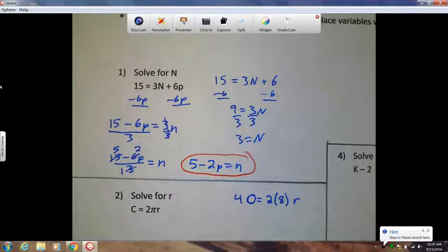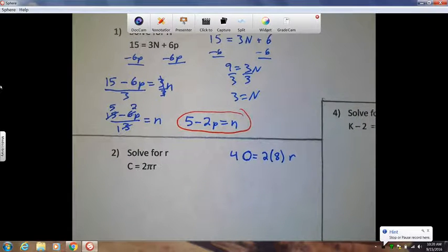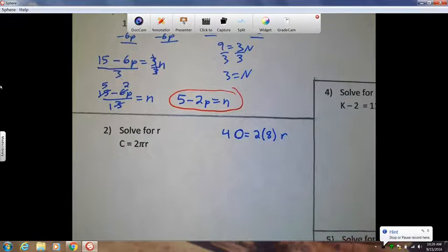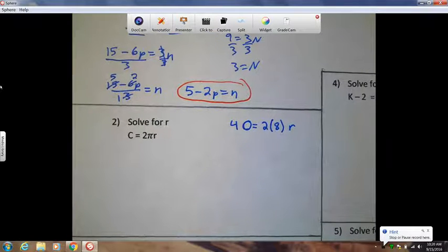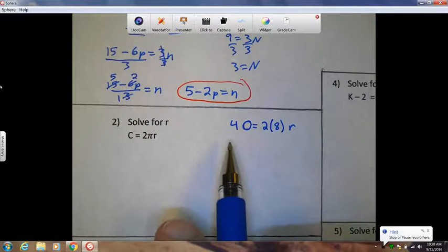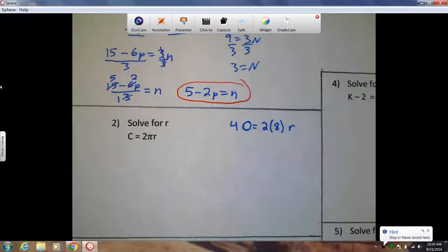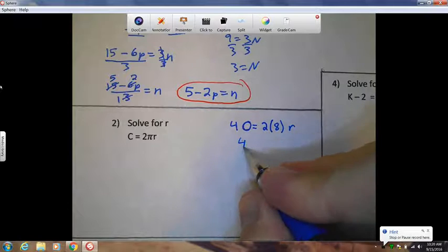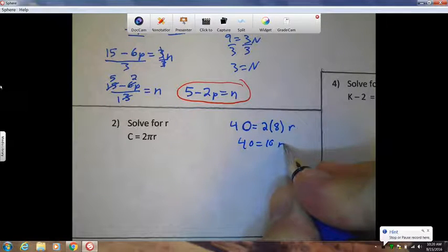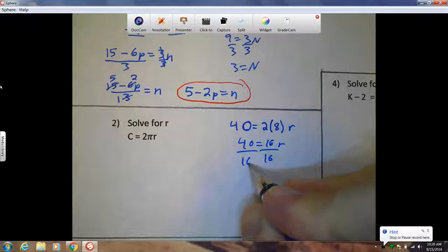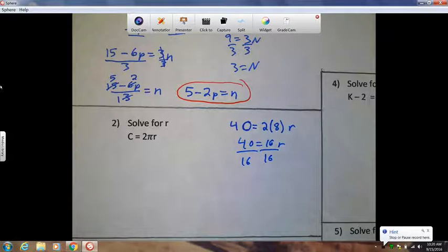Look at number 2. Circumference is equal to 2 pi r, so that's something you've seen multiple times. So here, I've shown how you could replace it with numbers, and that's just so you can figure out what steps you might take. So in that case, I would divide by 16, but it means I'm dividing by the 2, 8. So over here, to solve for r, I'm going to divide by 2 pi on both sides.